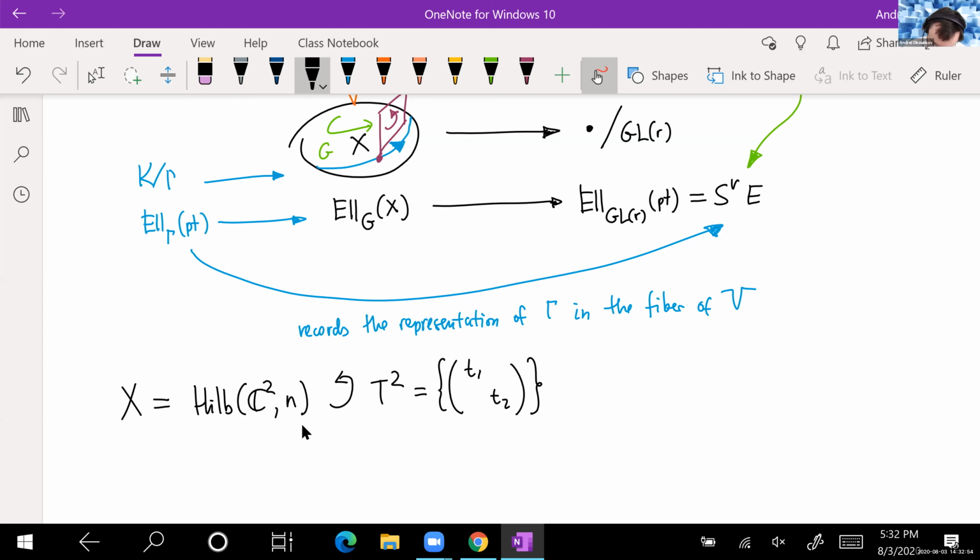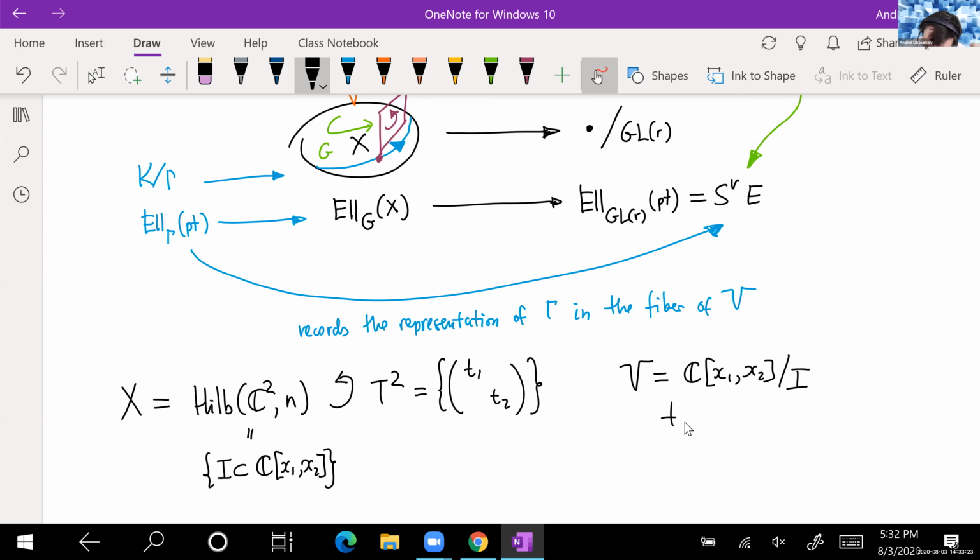A point here is an ideal in the ring of polynomials in two variables, C[x1, x2], and then you have a bundle which is the whole ring modulo that ideal.